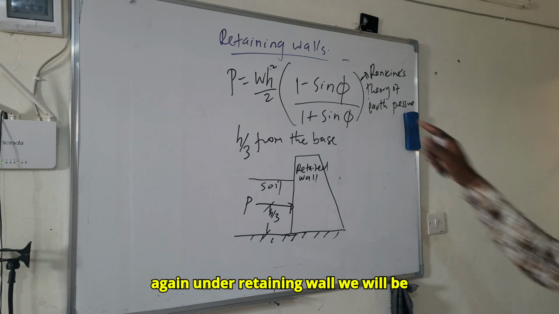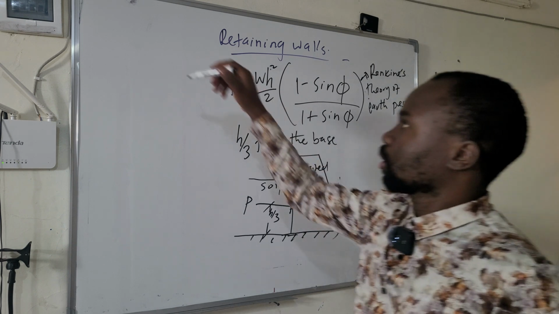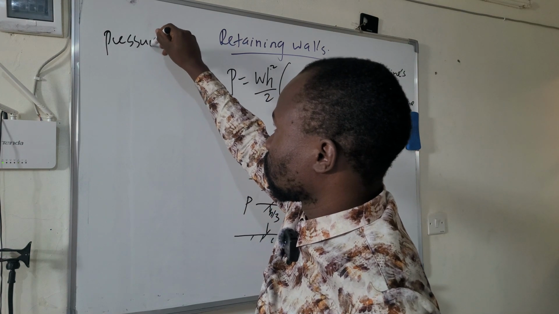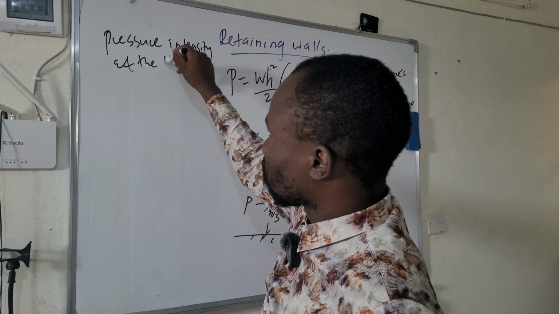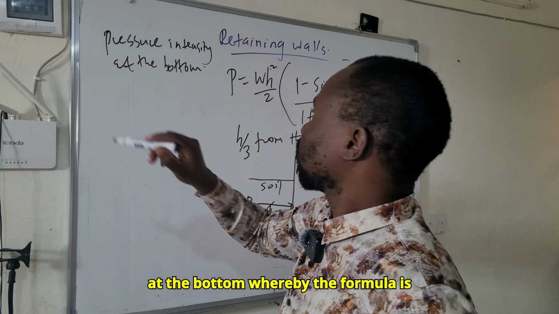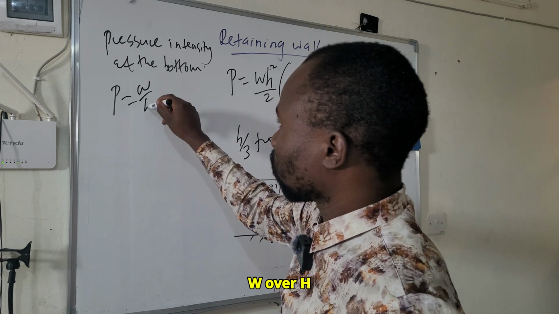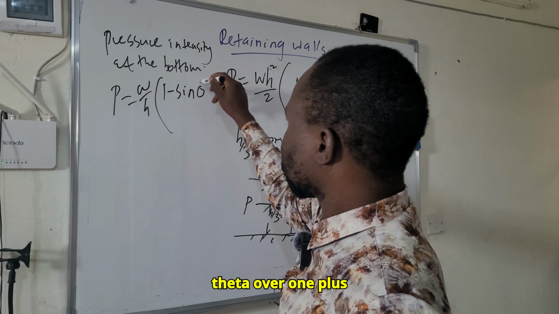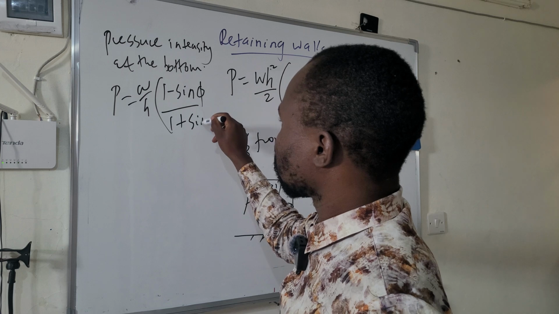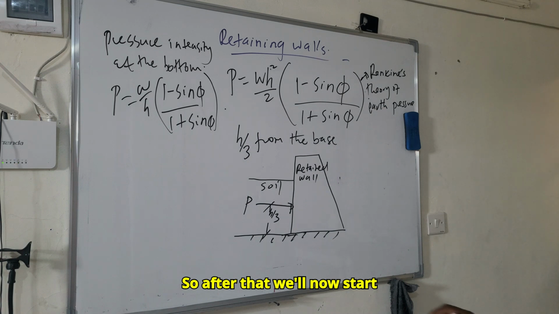Again, under retaining wall, we will look at the pressure intensity at the bottom, whereby the formula is given by P is equal to W over H into bracket 1 minus sine theta over 1 plus sine theta.